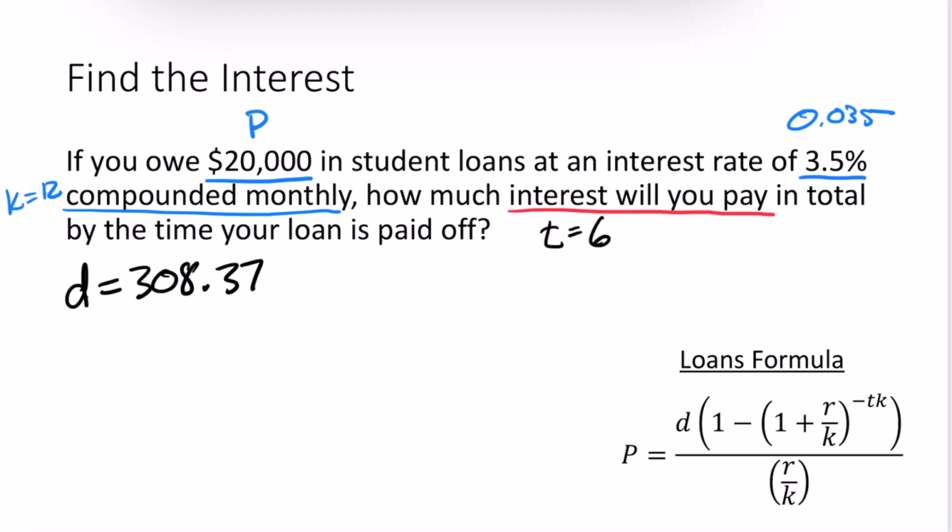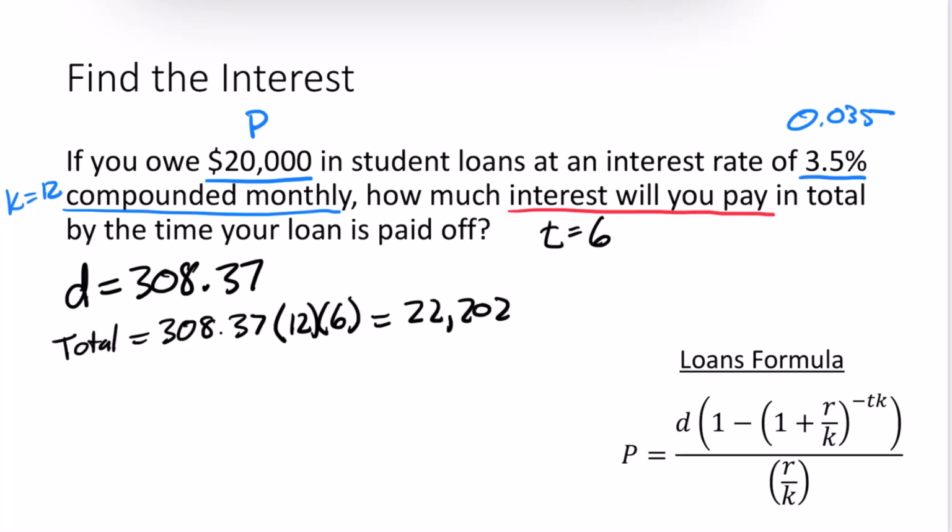And then we took that amount and multiplied it by 12 months and 6 years, because each year you're going to have 12 months of making that payment. And that ended up giving us a total amount of $22,202.49.